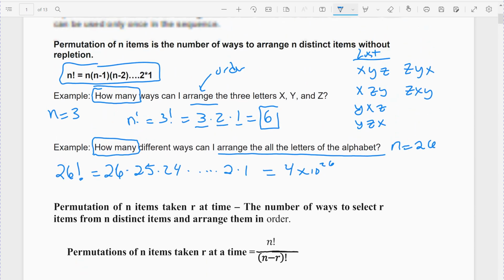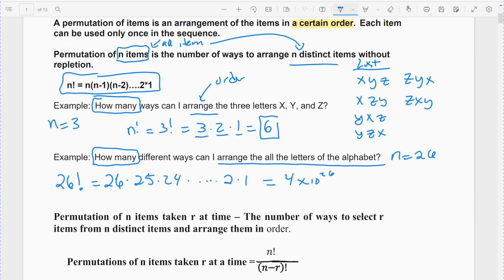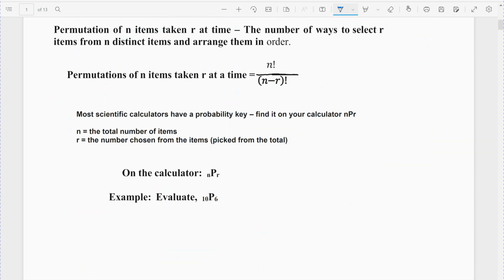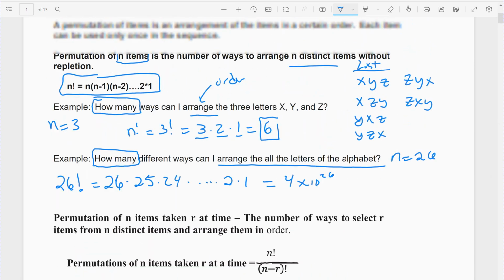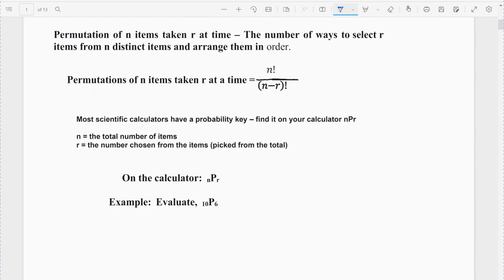So that's if we're selecting all. So n would represent all my items, and I rearrange them into n distinct ways. You're taking all of them and rearranging them. That's one way, and that way we use the n factorial case. What if I don't pick all of them? Like my first example, where I only picked 3 letters of the alphabet and rearranged them.